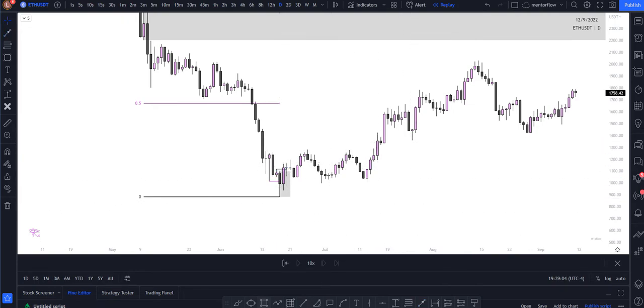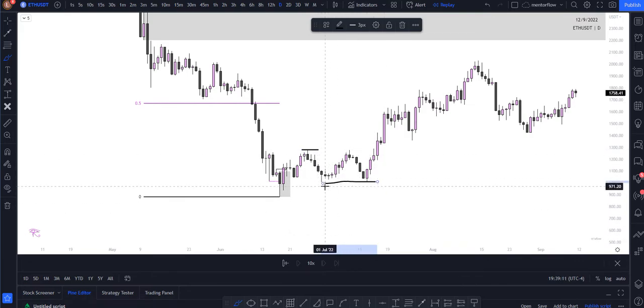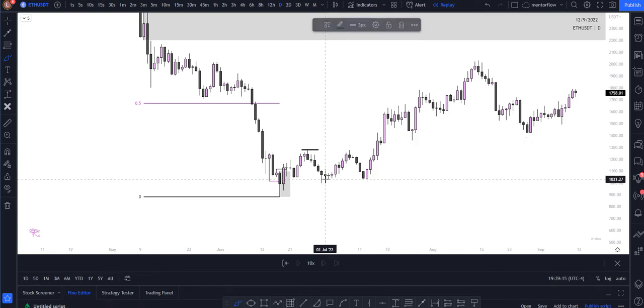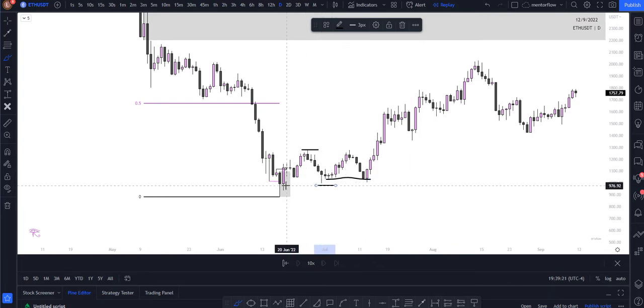We break structure to the upside, come back down, right, liquidate the lows that we saw right there, we'll just bring this back, show this right here, liquidate the lows right here, keep that higher low, right, maintain that higher low after we came back down into this area of demand, and then continue to the upside. We broke structure on the 4 hour like we showed right here.